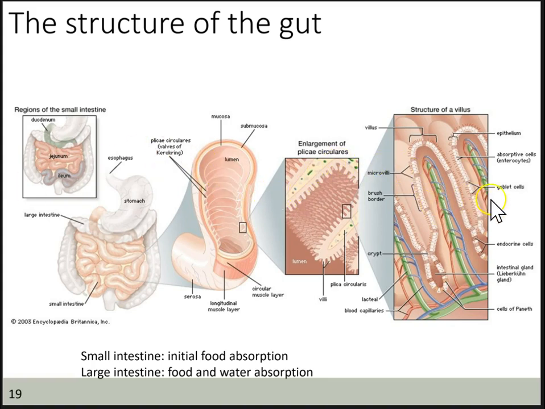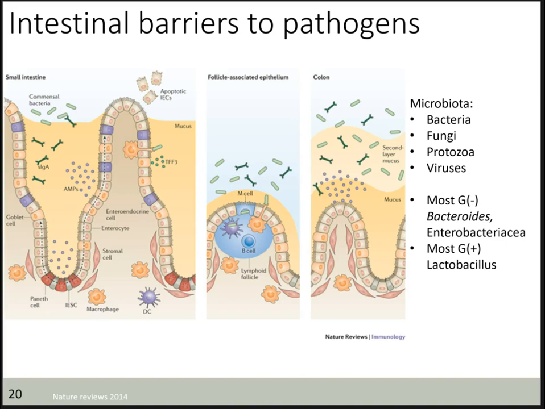And that's a good thing, because with all of that surface area, we can absorb a lot of nutrients from food that goes through our digestive system. These nutrients can also be absorbed not just directly from our food, but as byproducts from the foods that are digested by our microbes.